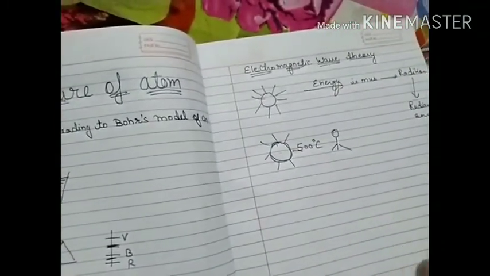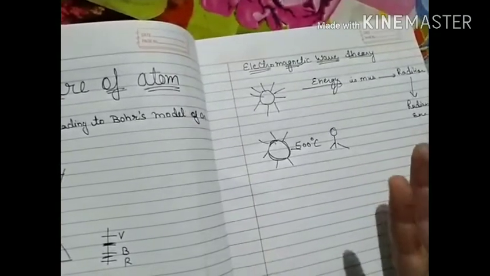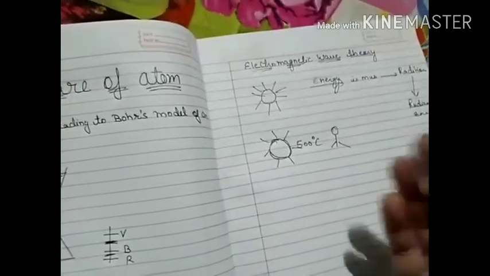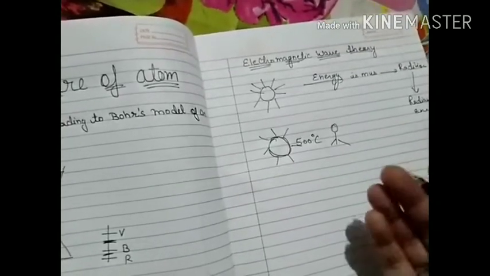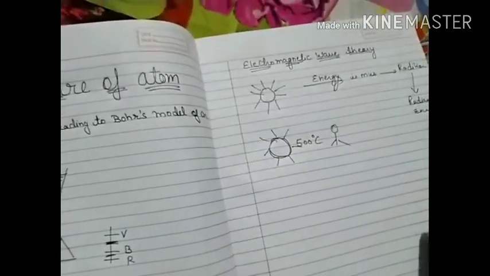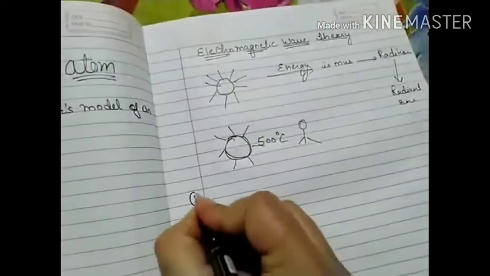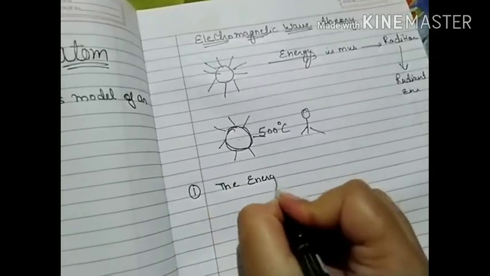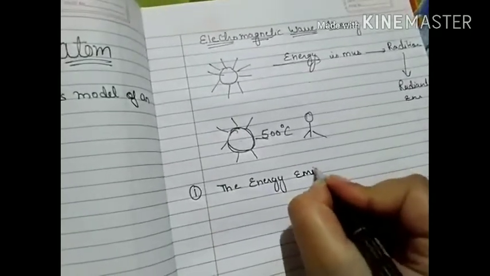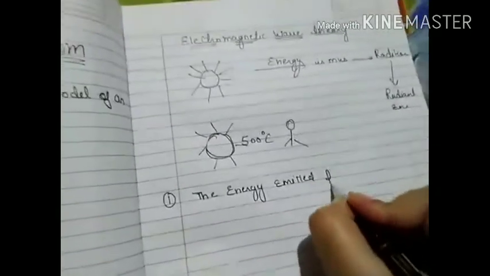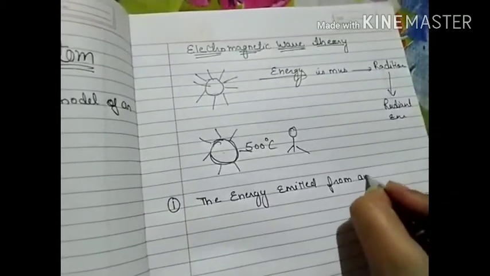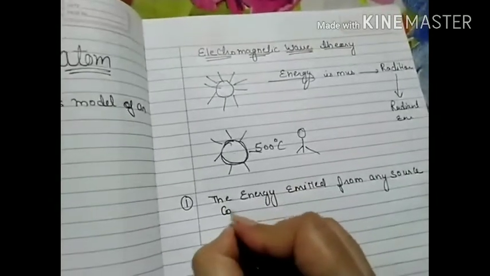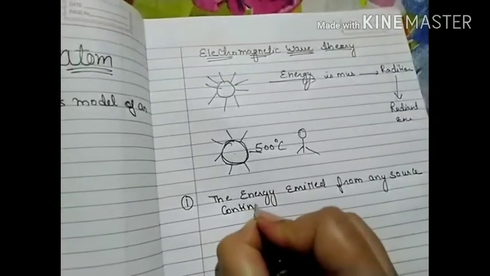His first postulate is that the energy emitted from any source continuously, like your sun, your hot iron ball, your rod, is in the form of radiations, and it is called radiant energy. So I'm writing here, first postulate: the energy emitted from any source continuously.